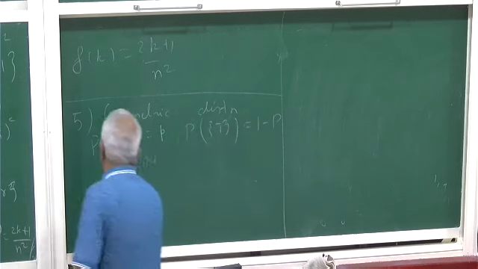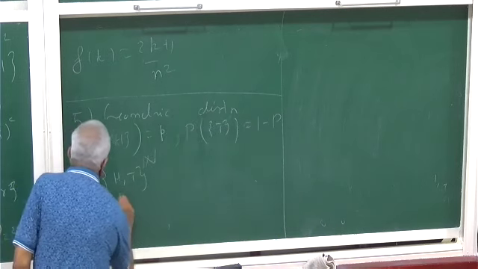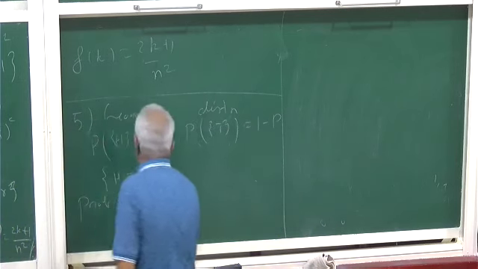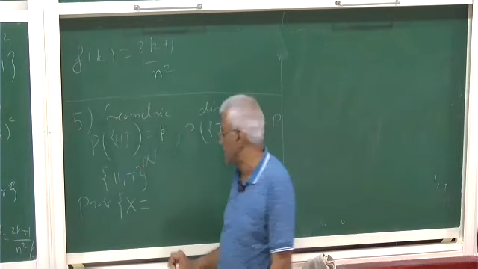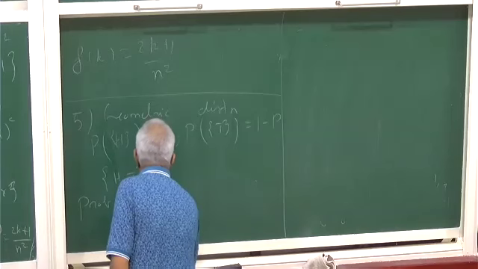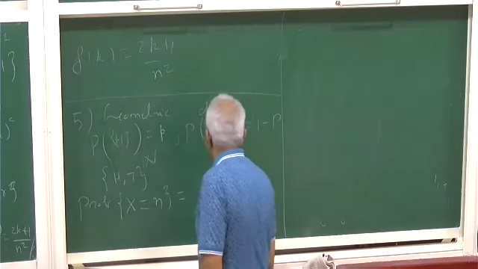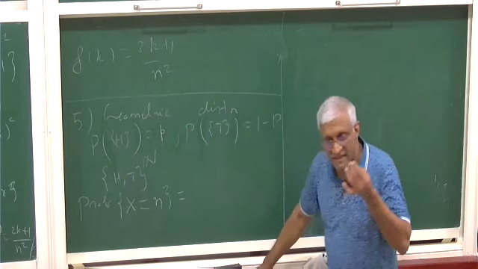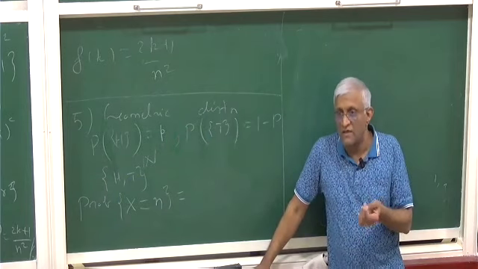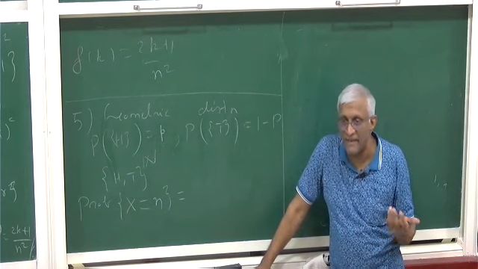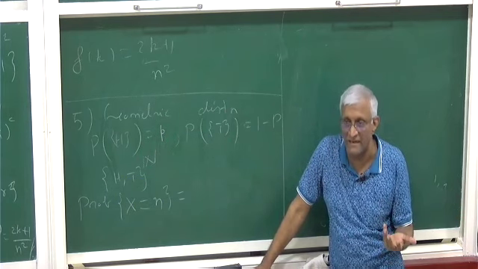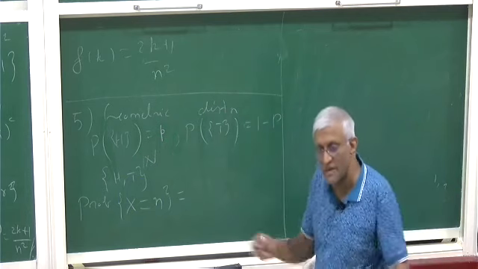Okay, so the probability of x equal to n: as I said, we don't care about the probability space. You want to get a head on the nth toss, so before that, everything should be tail, right?